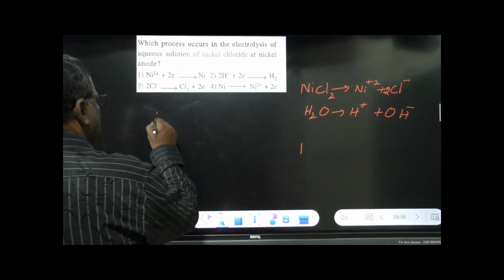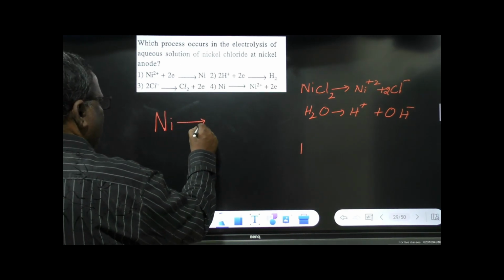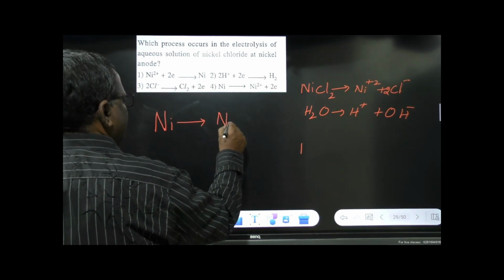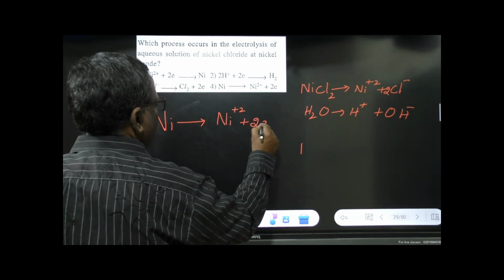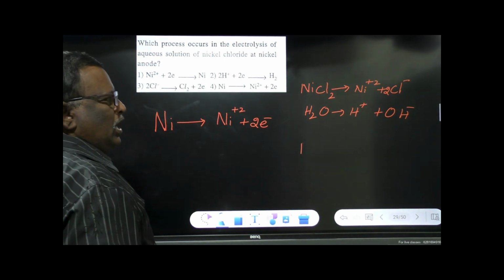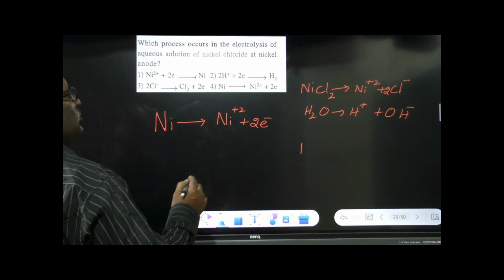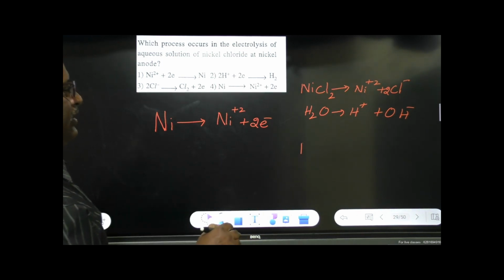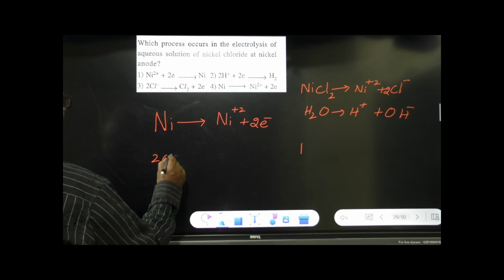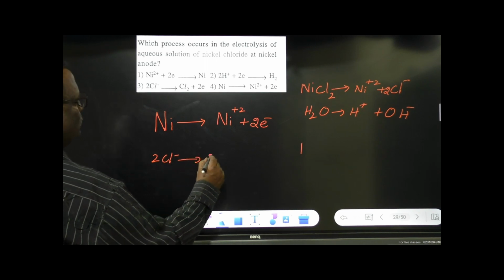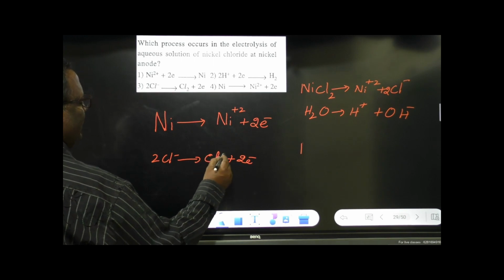When nickel is used at the anode, this nickel will go into the solution as Ni plus 2 ions plus 2e minus. Actually, if an inert electrode is used, platinum or graphite, the Cl minus ions are supposed to be liberated as Cl2 gas at the anode.